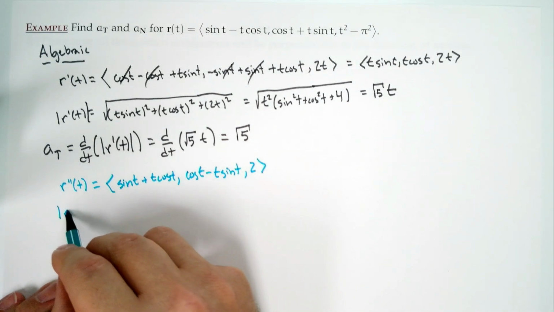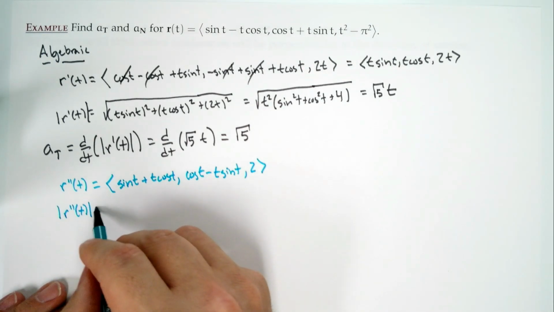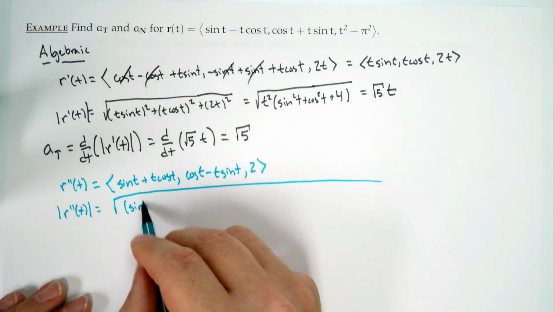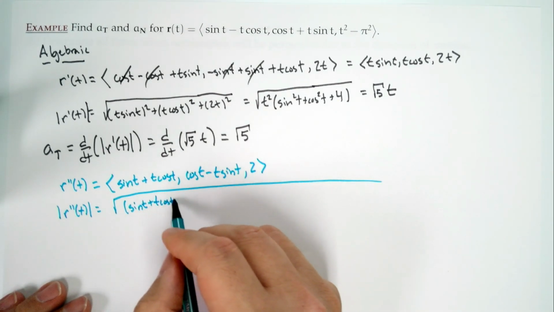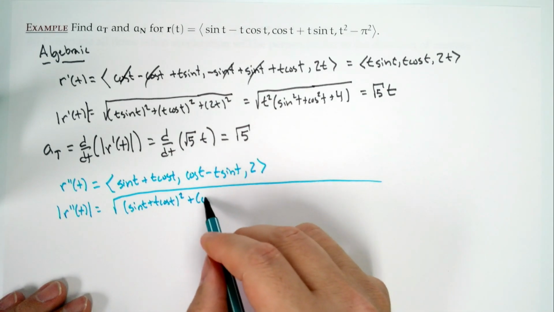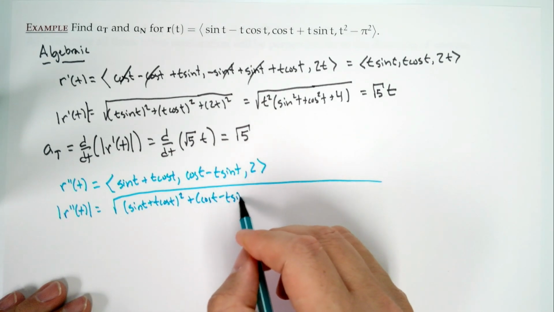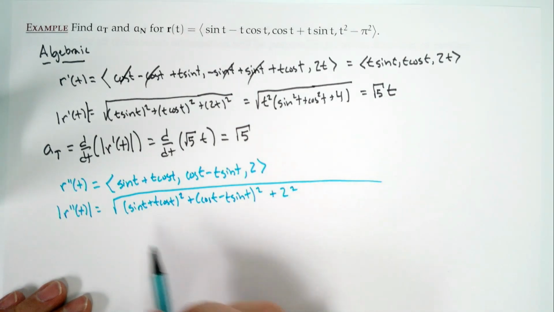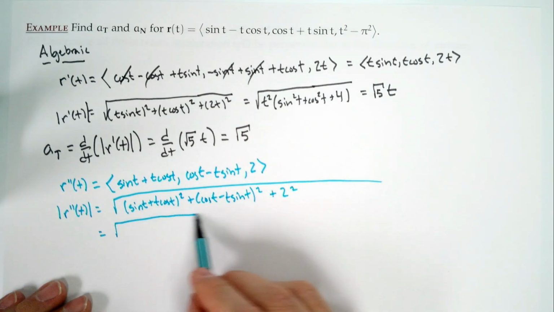So we need the magnitude of that, and so we're going to get the square root of (sine t plus t cosine t) squared plus (cosine t minus t sine t) squared plus 2 squared. I guess I didn't need that much space, but I'll need it soon.